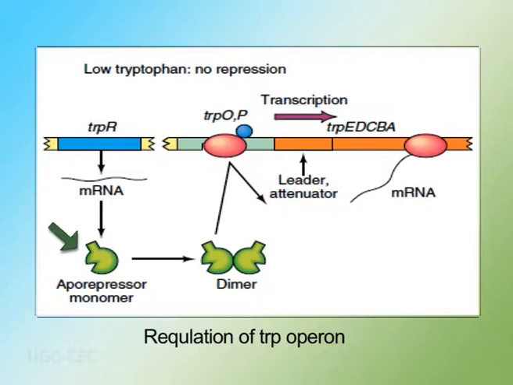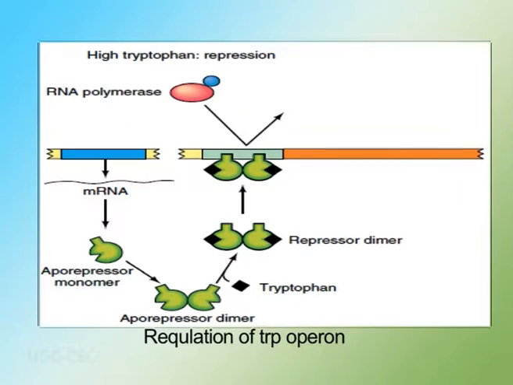Aporepressor alone doesn't have the capability to bind onto the operator sequence, but when it gets complexed with tryptophan, which is called the co-repressor, the aporepressor and co-repressor together make a functional repressor. And this functional repressor then binds onto the operator region.